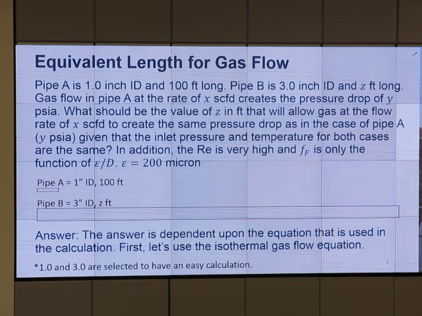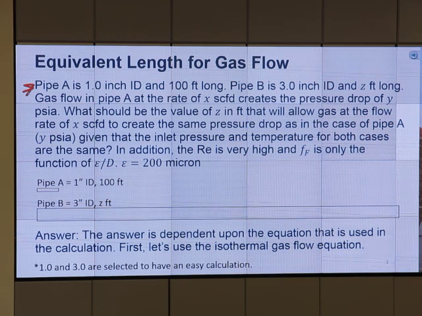Okay. Who wants to read this for me? Isaac, since you went to get a coffee, can you read this one for me? Starting from here. Pipe A is 1 inch ID and 100 feet long. Pipe B is 3 inch ID and Z feet long.